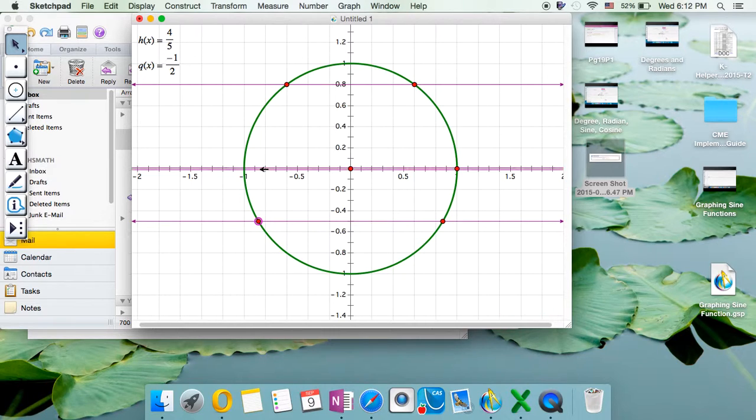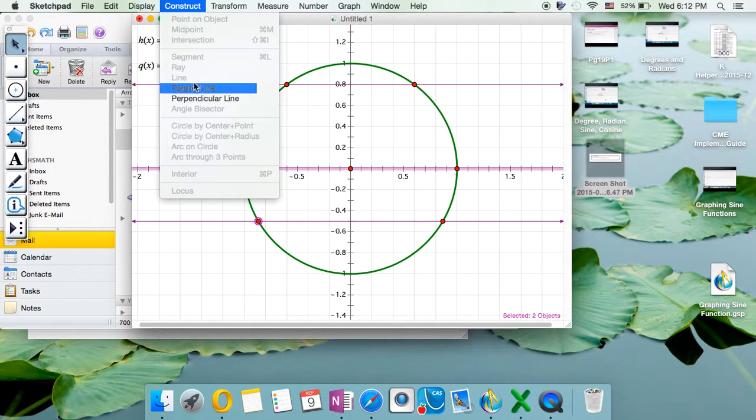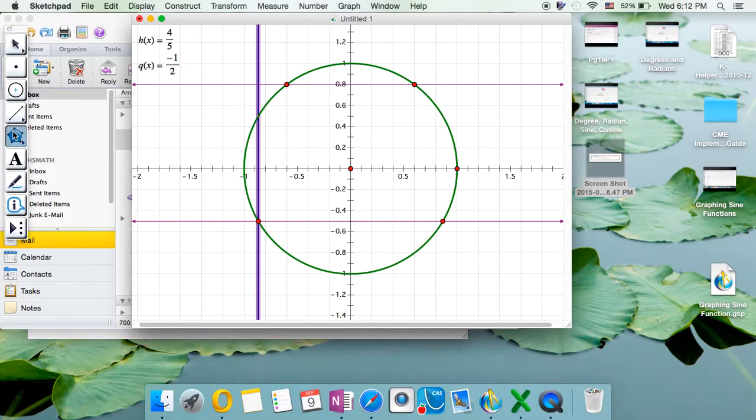If you drop a perpendicular line, now you can draw a triangle, which is half of an equilateral triangle. How do I know that? Because I know the radius is 1 and the height is 1/2.